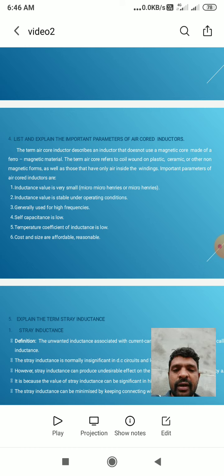These inductors are generally used for high frequencies. The self capacitance of this inductor is low. The temperature coefficient of inductance is low. Cost and size are reasonable. These are the important parameters of air core inductors.